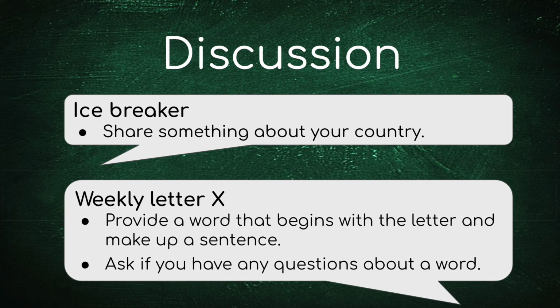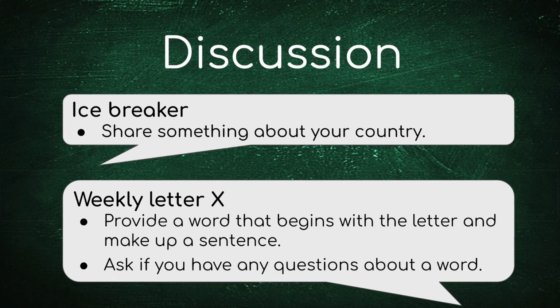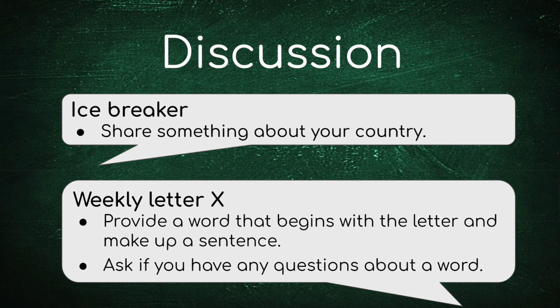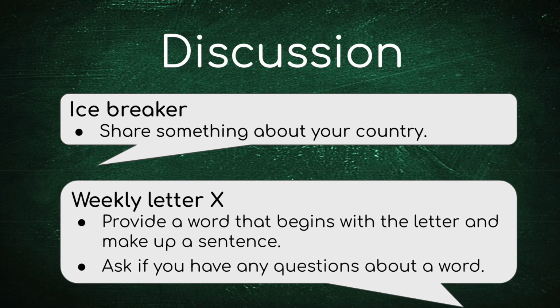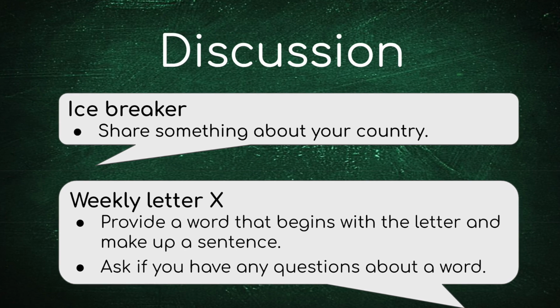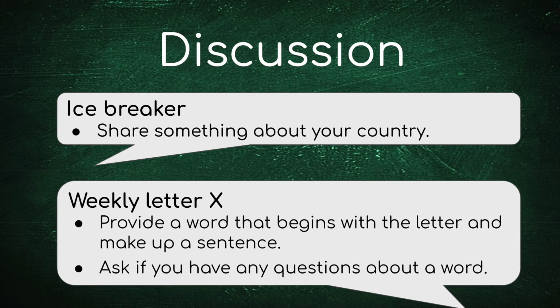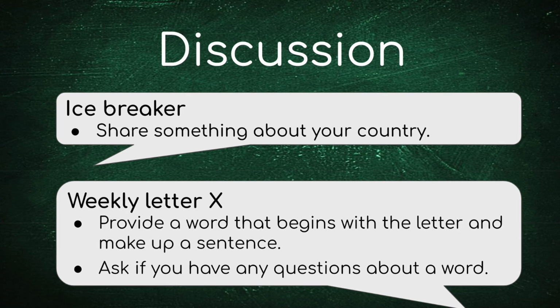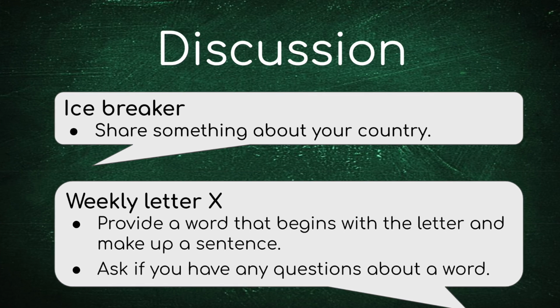And then after that, we can move on to the weekly letter, whatever that may be at that time, and then provide the word that begins with that letter, and then make up a sentence. As I said before, I use Word in a projector and type the word, and then whatever sentence they provide, I will also type it out.